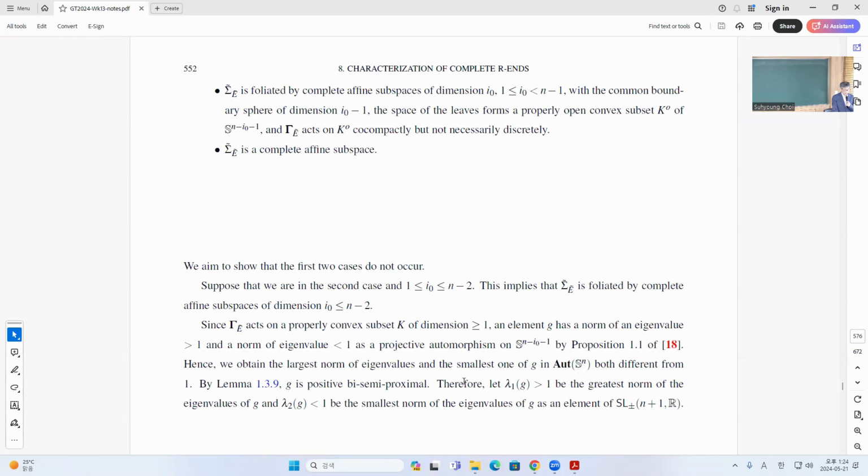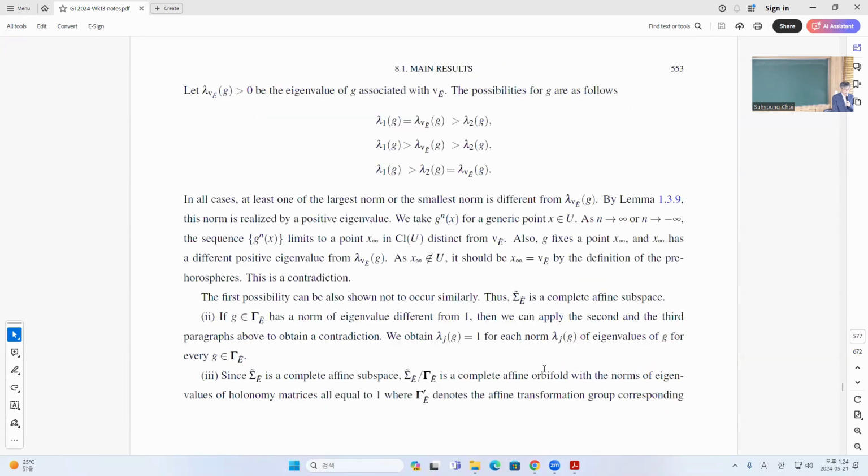So I assume this is the case, so we have some eigenvalue bigger than 1. So there's some different from this case, and so you take a generic point in U, then G^n x limits to some point G infinity, distinct from V because this eigenvalue is different from lambda V.